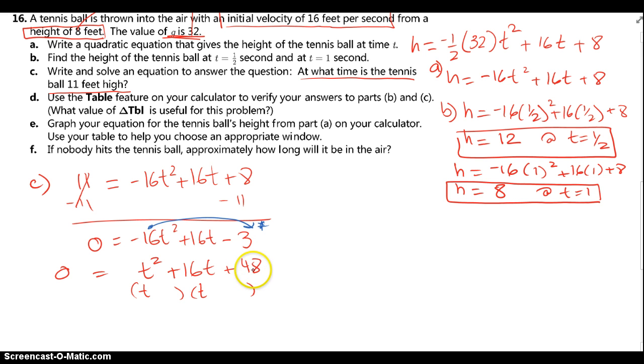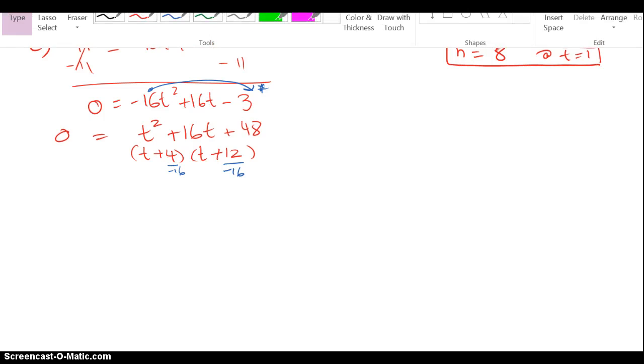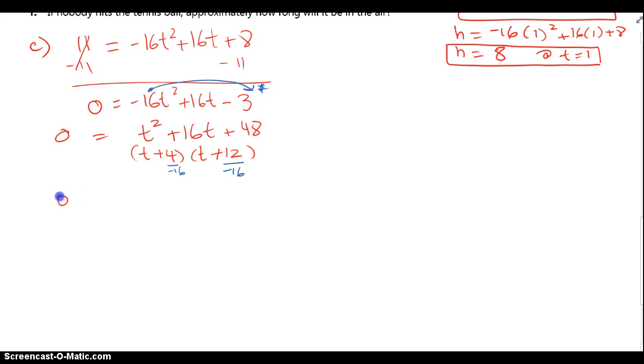Two numbers, I guess 4 and 12 would work. That would give me a sum of 16. But since I multiplied by negative 16, I gotta divide these guys by negative 16, and then reduce and see what happens. So now I got 0 equals t minus a fourth, it looks like, and t minus 3/4, they're both divisible by 4.